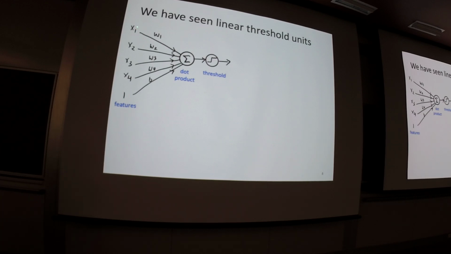And then those features are transmitted through some edges, right, to an intermediate node. Associated with each edge is a weight. And of course, the edge connecting to this constant feature is the bias parameter B.